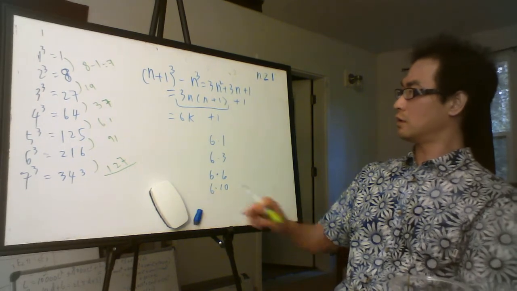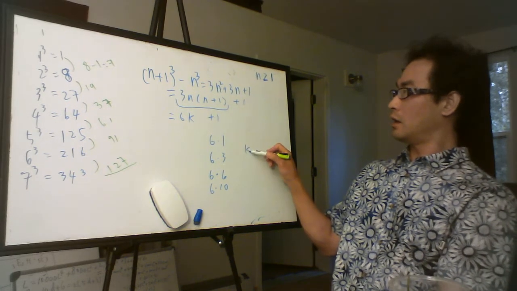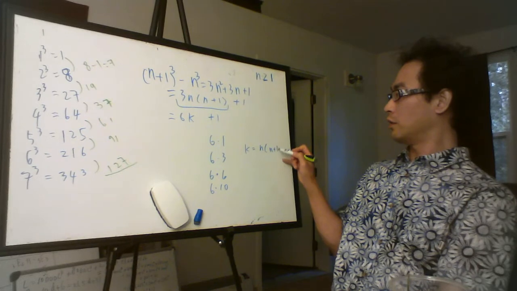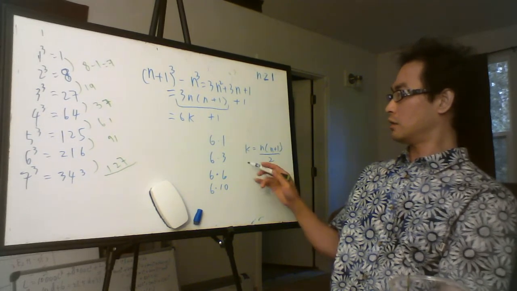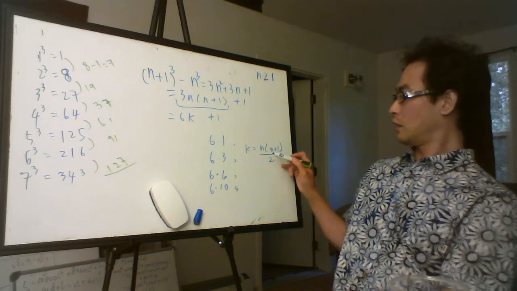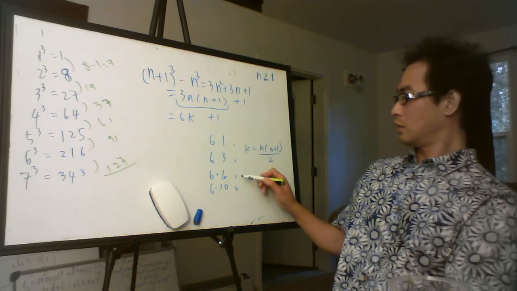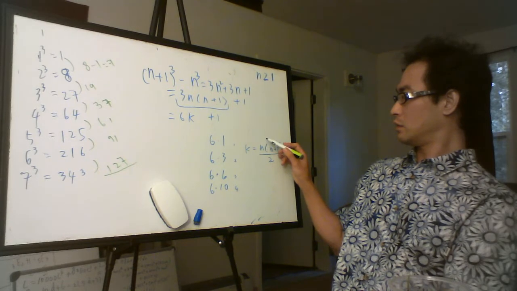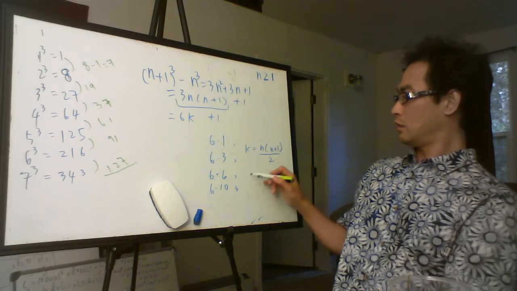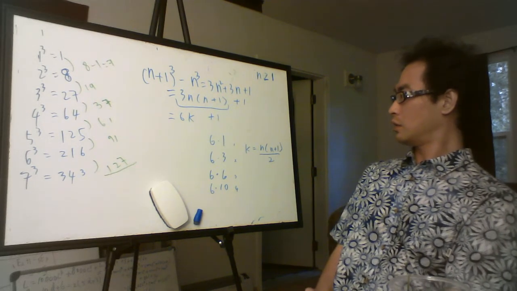What kind of sequence is this? So basically k is n times n plus 1, divided by 2. That's what k is. When n is 1, 2, 3, 4: 4 times 3, ah, 3 times 4. 4 times 5. Okay, okay, okay. So that's what k is.